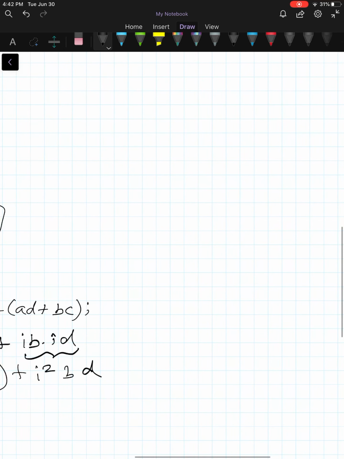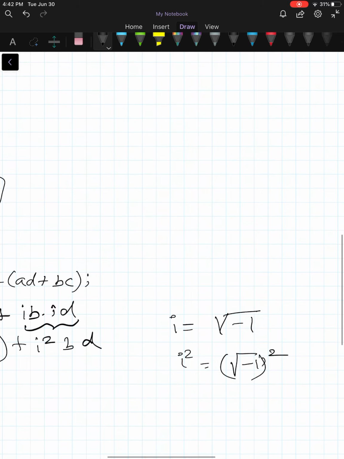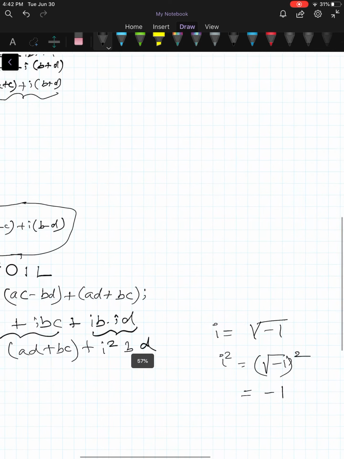We know that i is nothing but square root of -1, right? So i square would be square root of -1 the whole square. If you are squaring a square root, you get back the number inside the square root. So this will be -1 itself.